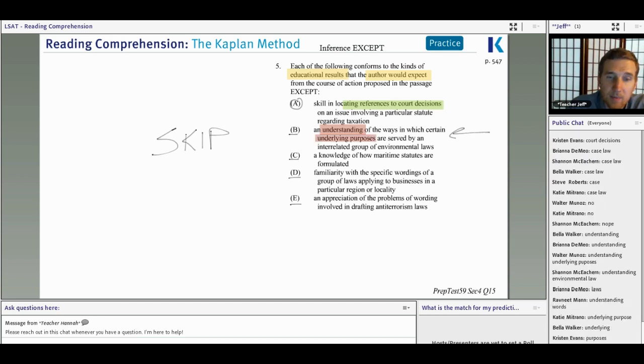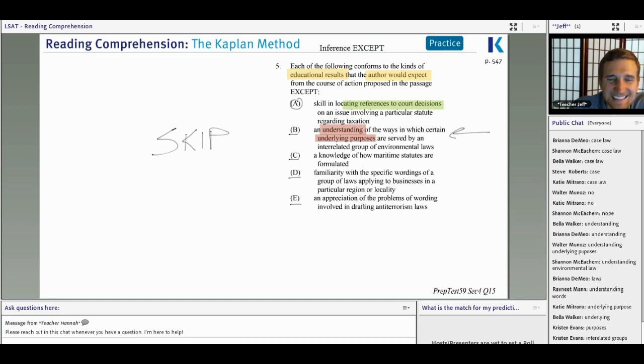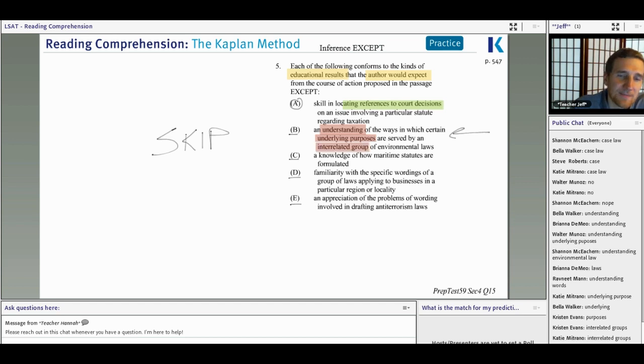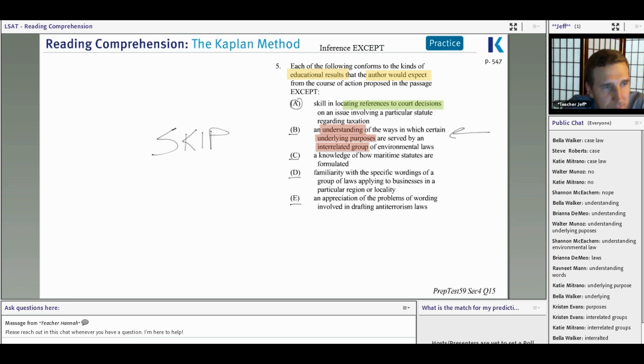So underlying concepts, especially when we've got, what does it talk about? This is something we saw happen in the third paragraph. Understanding, this relates to synthesis, the interrelated groups. Yeah, the author talks about how statutory law would help with understanding relationships between groups. That's why B is out.